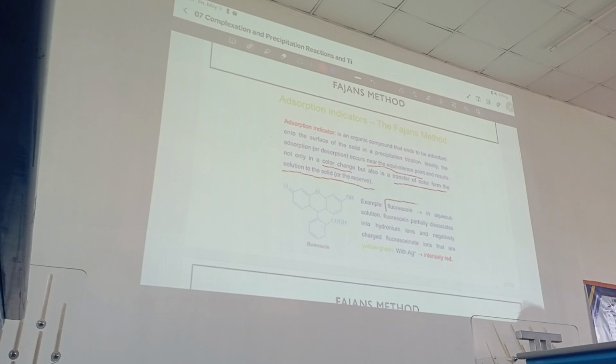Example, fluorescein or DCF, dichlorofluorescein. In a green solution, its appearance is yellow-green, but if you overshoot, it is intensely red. That is the term: intensely red.